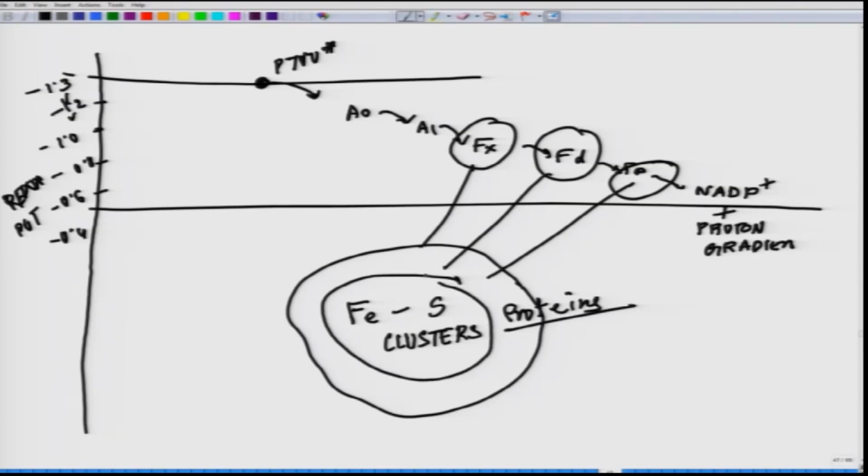So, these are the different electron acceptors which are iron sulfur centers, then you have Fp as the flavoproteins, you have ferredoxin, NADP plus reductase and a series of them. It is not important that you know all the names. What is important is that Fx is your iron sulfur center, and Fp is the flavoprotein.